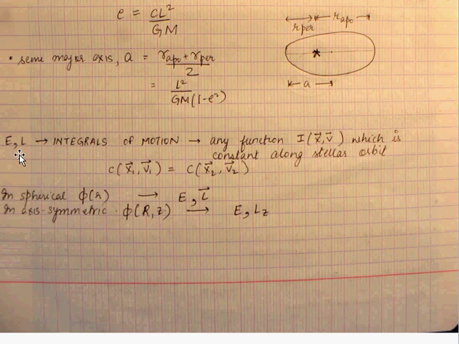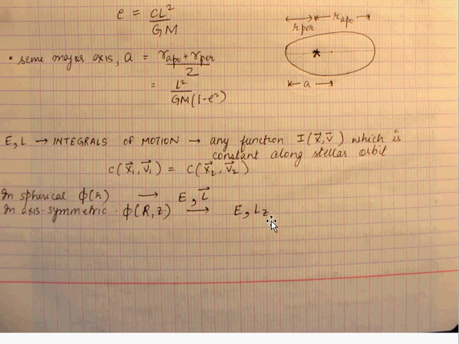For example, in an axisymmetric potential, only the z component of the angular momentum L is conserved, and the other two are not conserved in general. But if you're on the plane of the axisymmetric potential, for example, in the case of the Milky Way, if you're on the disk, then most certainly the total angular momentum is conserved.